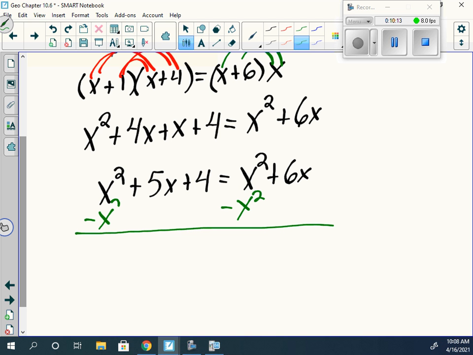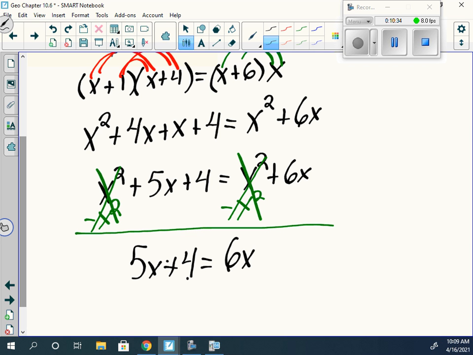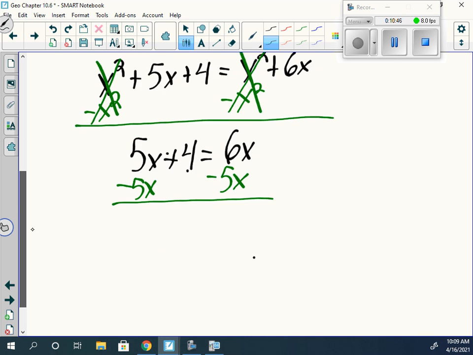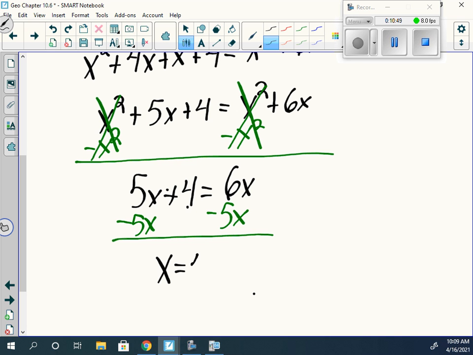We can subtract x squared from both sides, because x squared minus x squared will cancel out, leaving us with 5x plus 4, bless you, is equal to 6x. Yes, then we would subtract 5x from both sides. Which tells us x is equal to 4.